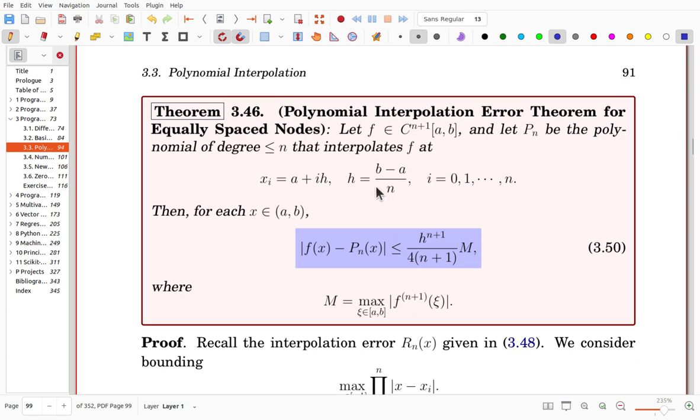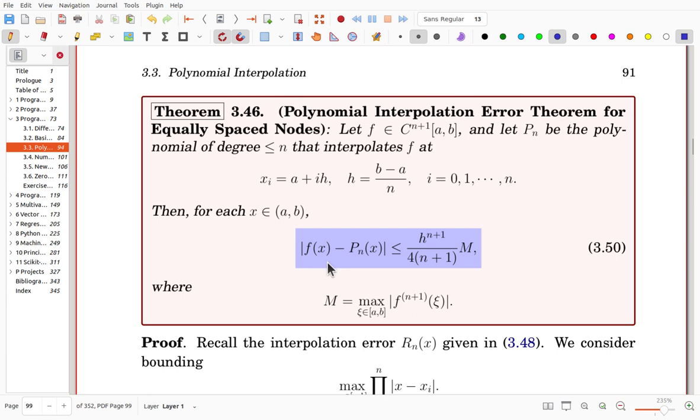First we find h, b minus a over n, and then i moves from 0 to n, with a plus i h, so that the beginning point is x0 equal to a, the next one is x1, and the last one is xn.